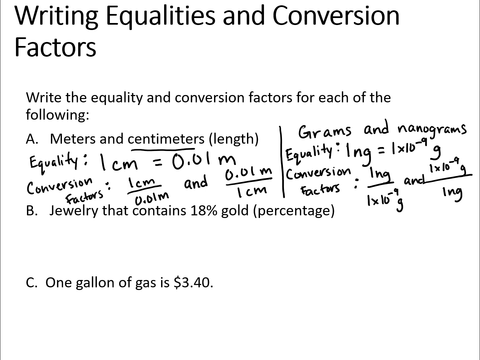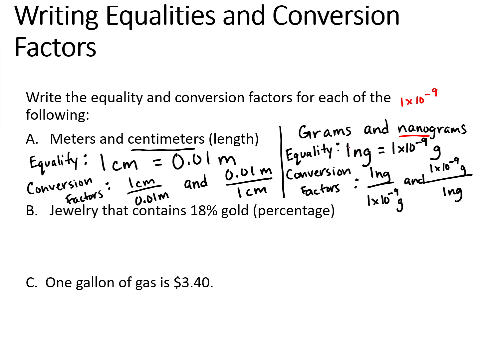Okay. So the best thing I can tell you for writing the equality, if you're given 2 units, is to start by looking up the prefix. So you look up nano, and you find that. That's one of the ones that will decrease the unit size. And nano means 1 times 10 to the minus 9. It's a 1 with 8 zeros in front of it.